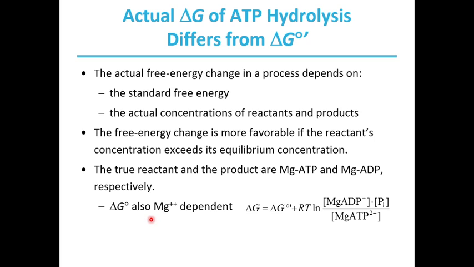The standard free energy change also is magnesium dependent. Hence, the actual free energy change is equal to the standard free energy change plus RT ln of the concentration of magnesium ADP times phosphate divided by the concentration of magnesium ATP.